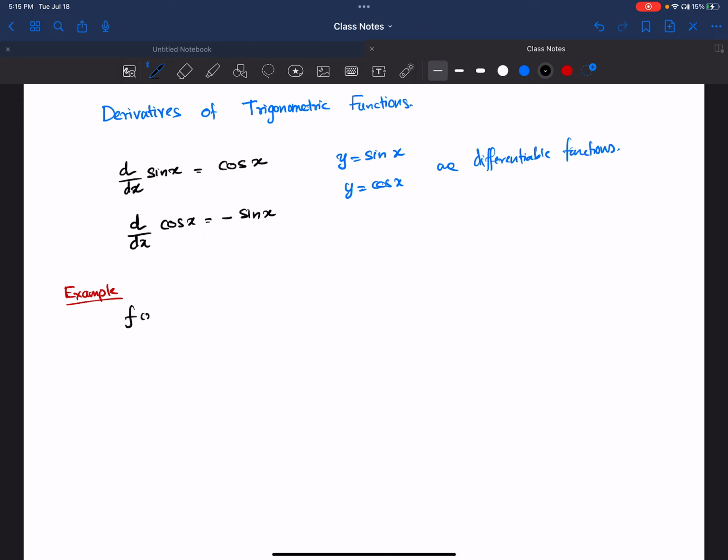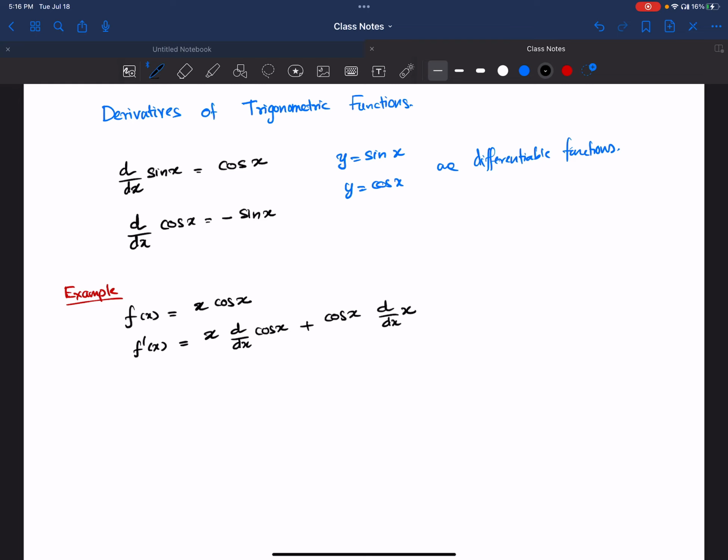f of x equals x times cosine x. You can apply the product rule here. So I can write f prime x is equal to x times d over dx cosine x plus cosine x times d over dx x.